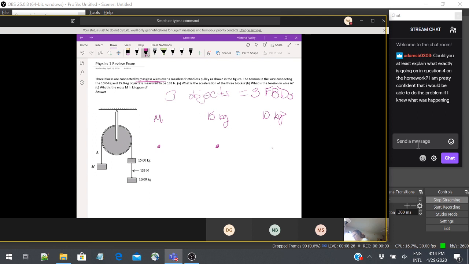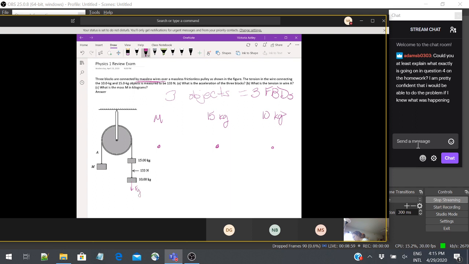Okay, so tell me the forces that are acting on the 10 kilogram object. Gravity and tension. So how much is the force of gravity?